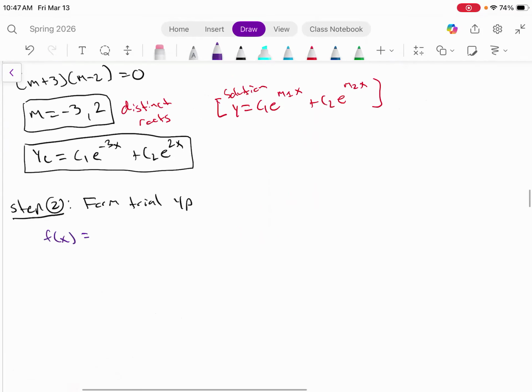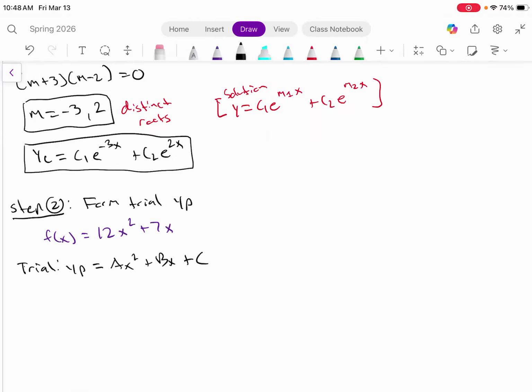That's the function we're working with. So a trial particular solution would be ax squared plus bx plus c. Okay, that's my trial particular solution.